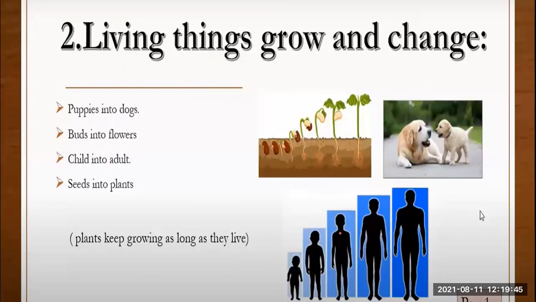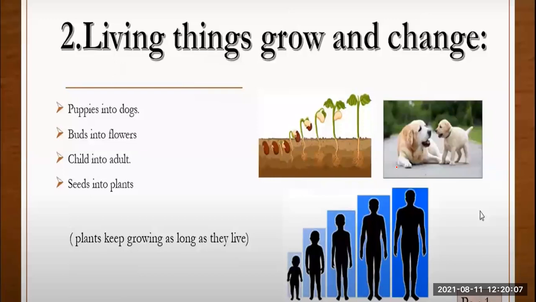Here you can see in the diagram there is a baby, and then you can see how the height increases. But here comes the point where we reach the maximum height. After that particular age, the height will not increase.